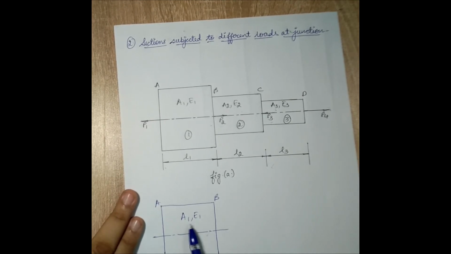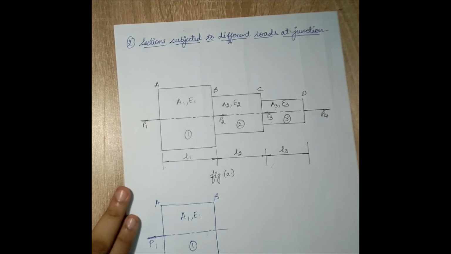Length L1, area is A1, Young's modulus is E1. I will again start with the junction where I know the load, or I would say there is only one load in this case. So at junction A, I can see there is only one load P1. So I'll just write P1 over here.